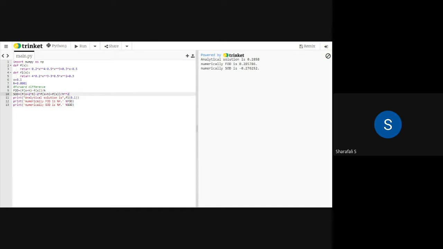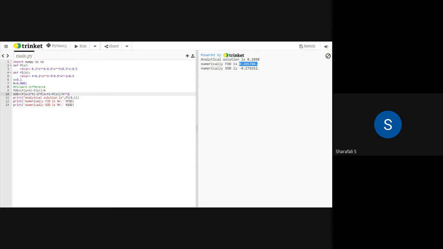In this program, the analytical solution is 0.2858 that we have already calculated, and numerically it is giving me 0.2857. So what was the value we got for numerical calculation?